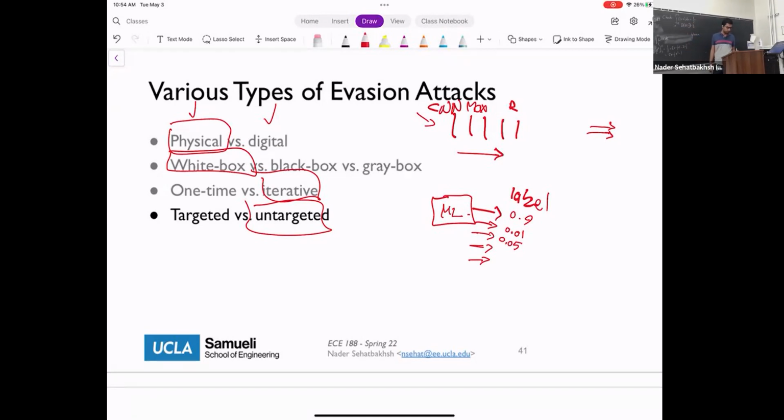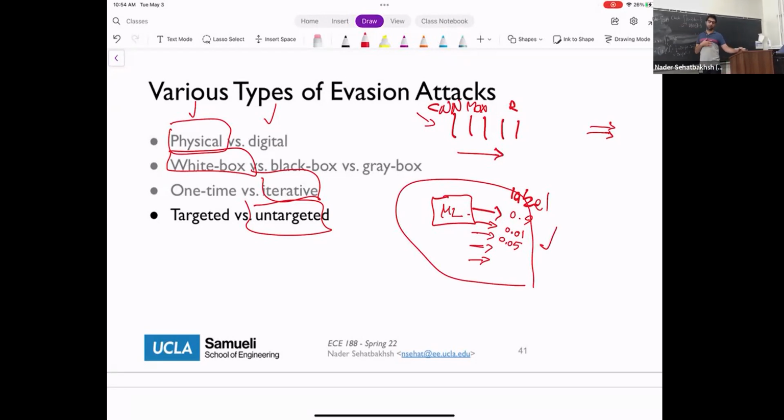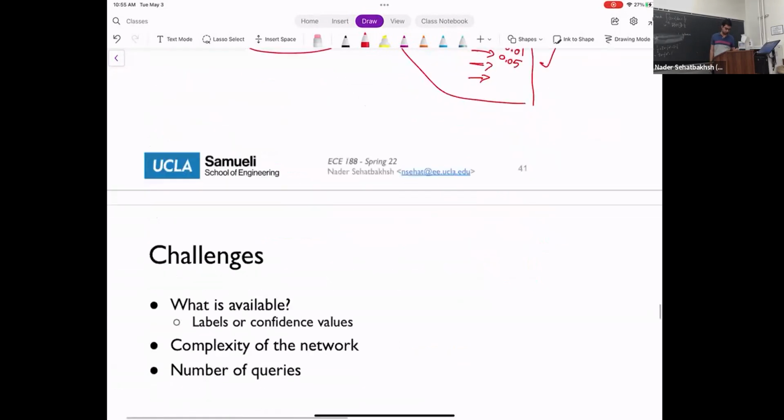If the system provides these confidence values, it makes the life of the attacker much easier because there's much more information to play with. But on the other hand, it's also very convenient for normal users to get this confidence value. So again, there is a trade-off between convenience and security that plays a major role here.